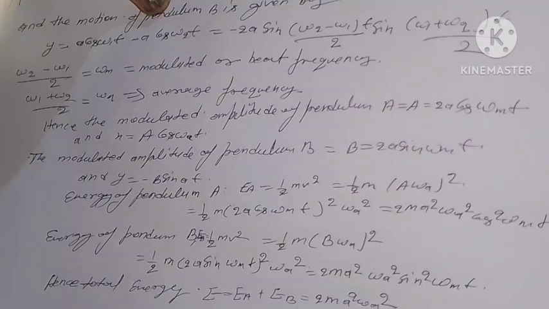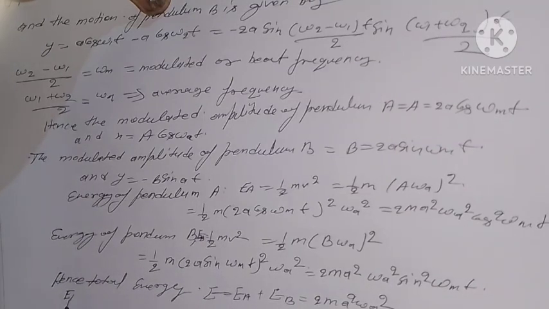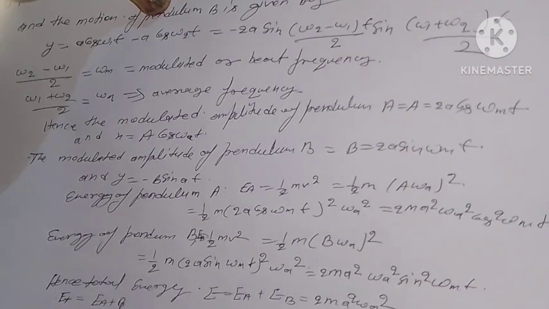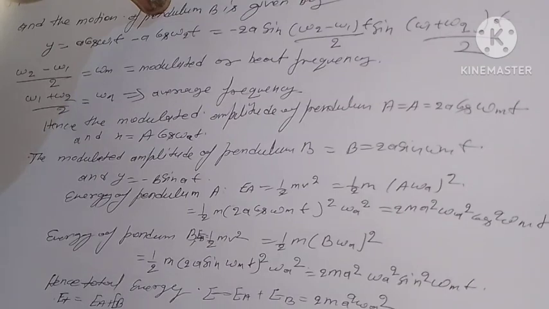Evidently the total energy ET equals EA plus EB, which is constant as m, a and omega a are constant.